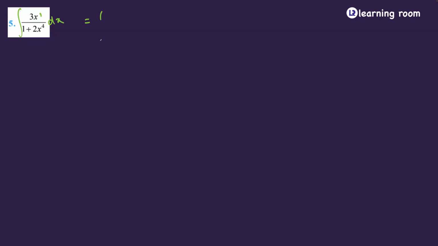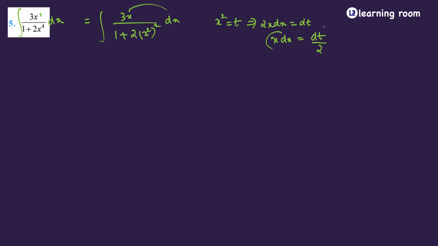So this would be the integral of 3x divided by 1 plus 2 times (x square) the whole square, times dx. So what should I do? I need to put x square as t, which implies 2x dx is equal to dt, or x dx is equal to dt by 2. So I have x dx here. In the place of x dx, I can replace it with dt by 2.